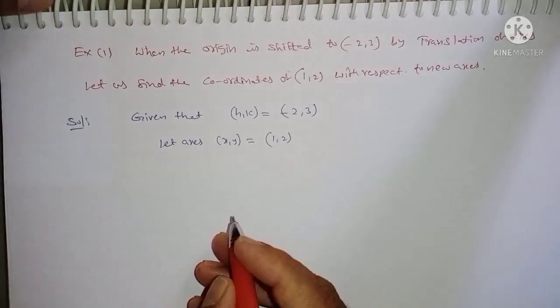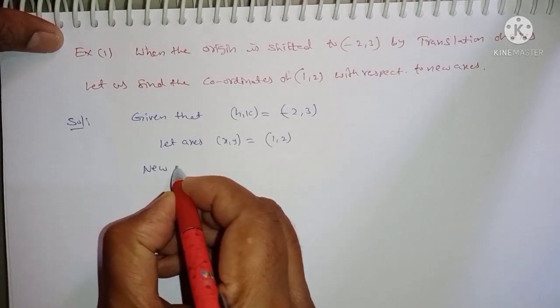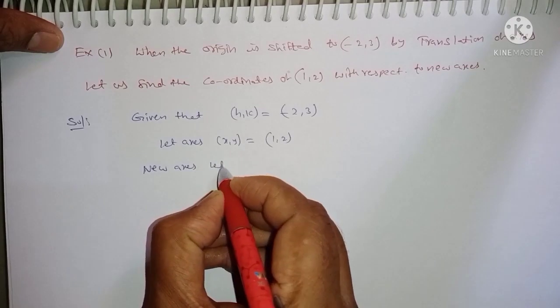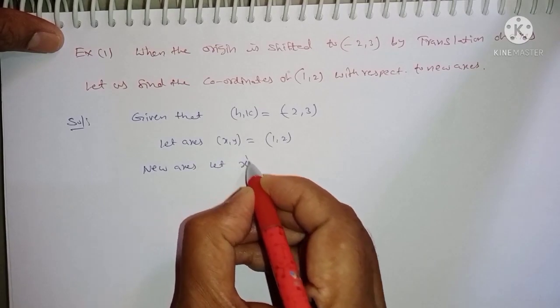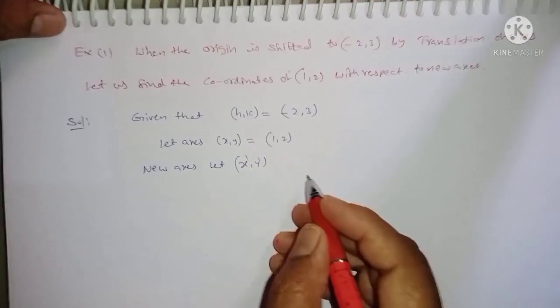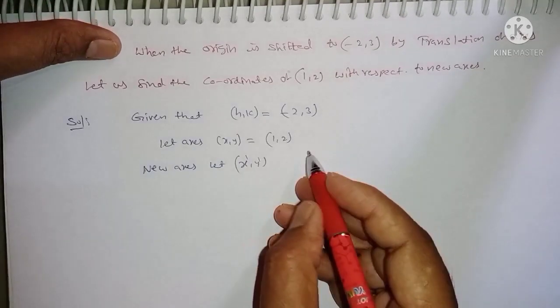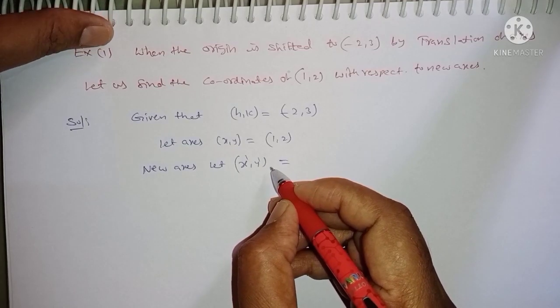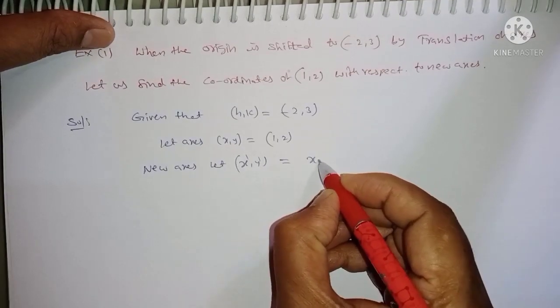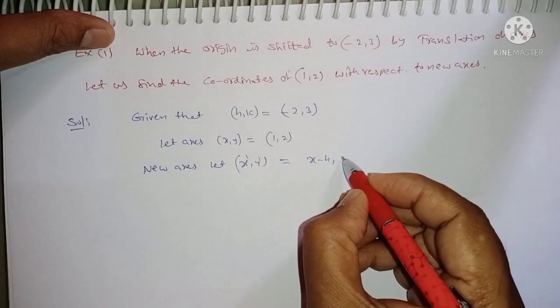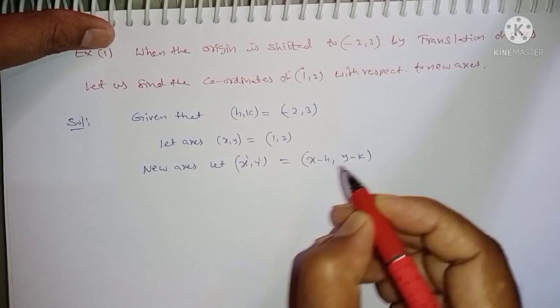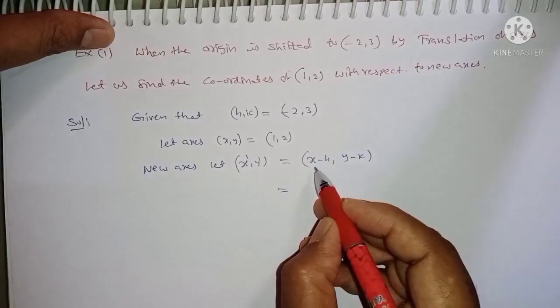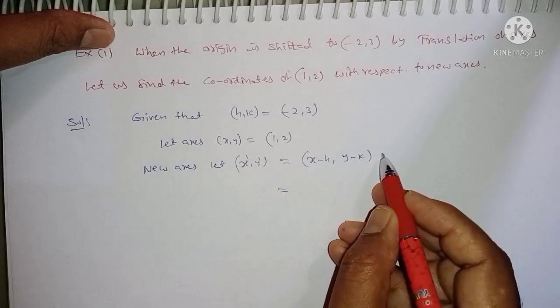Let the new axis be (x', y'). What is the formula? (x', y') = (x - h, y - k). You know the formula is (x - h, y - k).